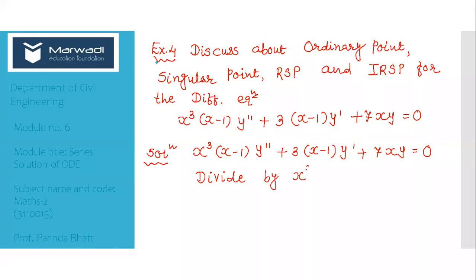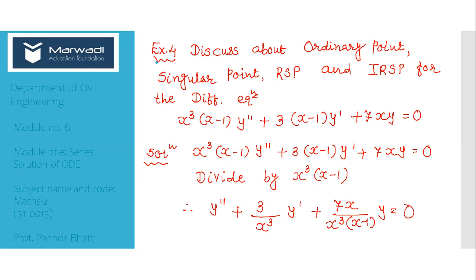Divide by x cubed (x minus 1). Therefore, y double dash plus, 3 (x minus 1) cancels out, so x cubed is the remainder. Plus 7x by x cubed (x minus 1), so one x is cut out.